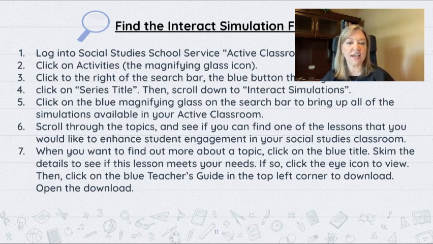So then you're going to click on the activities, the magnifying glass icon, and then click on that right search bar blue button that says advanced. Then you're going to go to series title, scroll all the way down to Interact Simulations. On the blue magnifying glass on the search bar, bring up the simulations available in your active classroom.